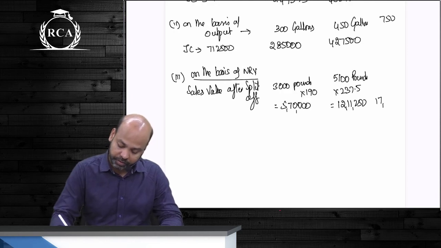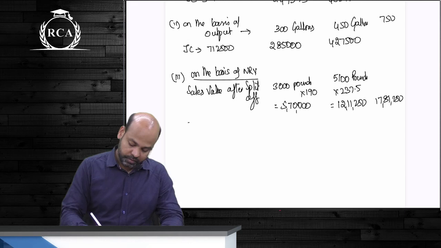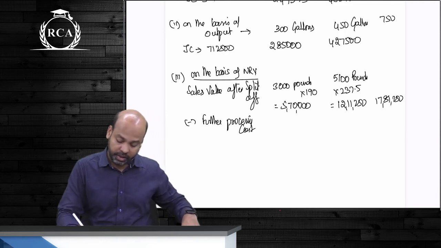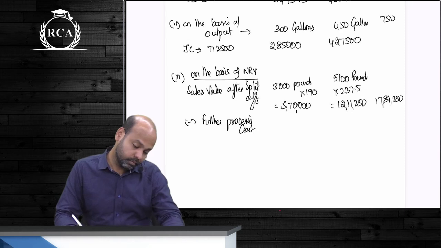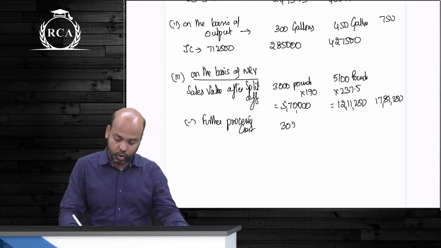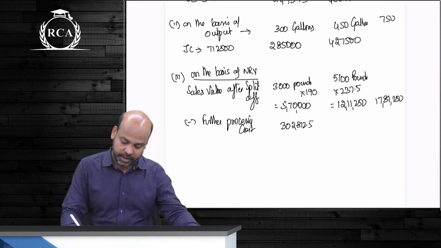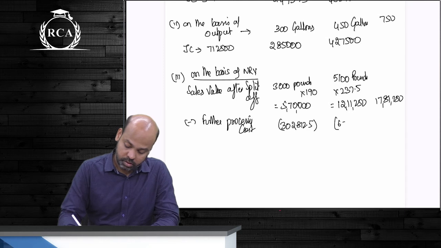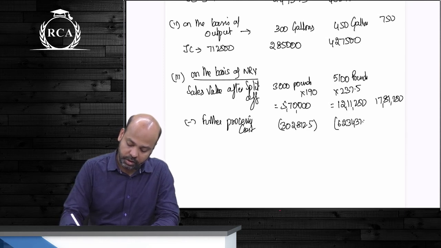From this you will first deduct what, beta? Further processing cost. We already have the further processing cost given, beta. It is 3,02,812.5, guys, and 6,23,437.5.